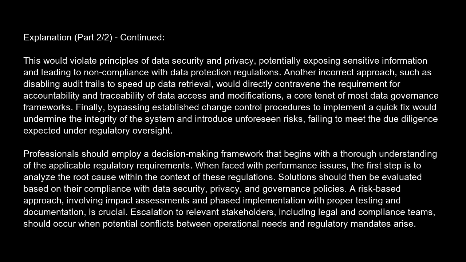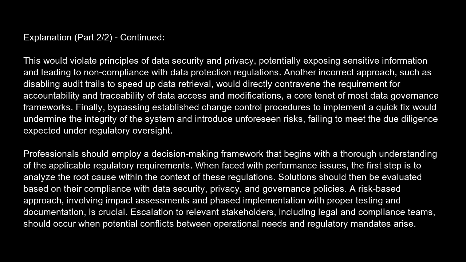Another incorrect approach, such as disabling audit trails to speed up data retrieval, would directly contravene the requirement for accountability and traceability of data access and modifications, a core tenet of most data governance frameworks. Finally, bypassing established change control procedures to implement a quick fix would undermine the integrity of the system and introduce unforeseen risks, failing to meet the due diligence expected under regulatory oversight.